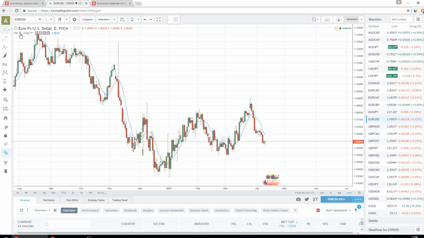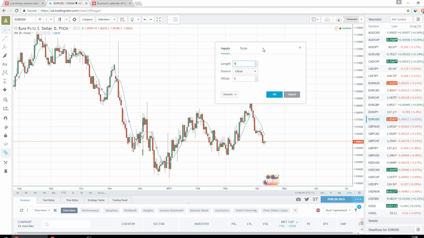What does it do and how do we use it? Here we can change the settings of the moving average. This sets how many candles will be included in the analysis. Right now each ninth candle is included.